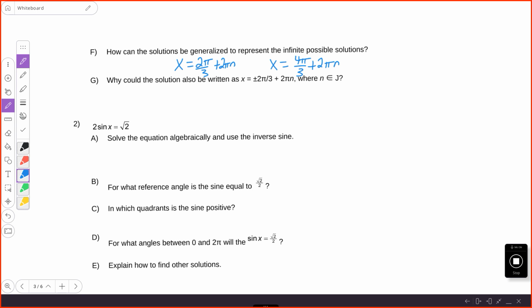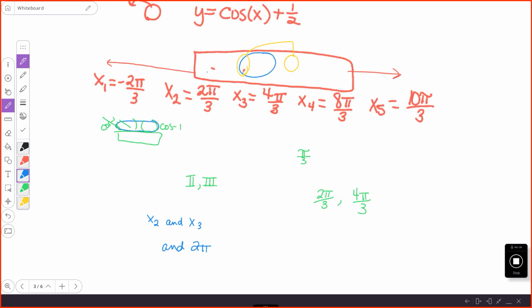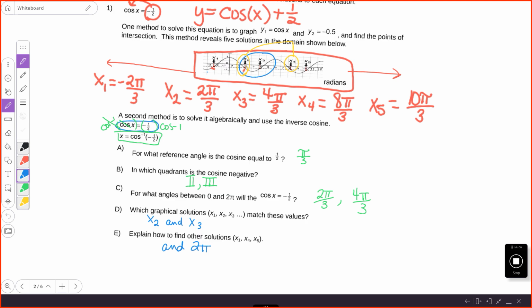And I need to figure out, how do I get the other one? So if you remember, we had a little chart that would tell us how to find the second answer for cosine, and how to find the second answer for sine. Well, the rule for cosine is whatever you got as your first solution, you can just make it negative.